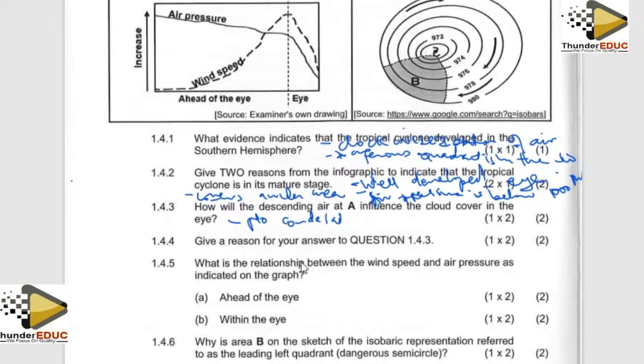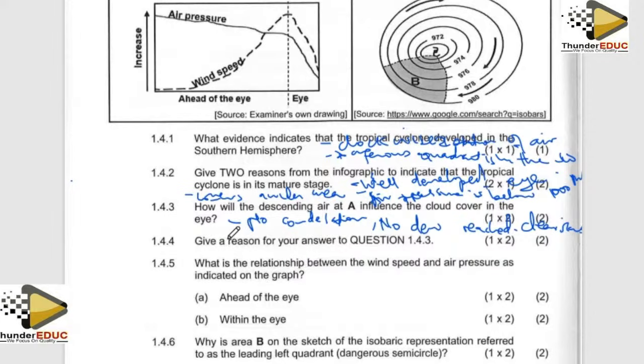As air descends, there will be no condensation taking place. And therefore, if there is no condensation, it simply means there will be no dew point reached. And that influences what we call the clear skies that exist in the center of the eye.